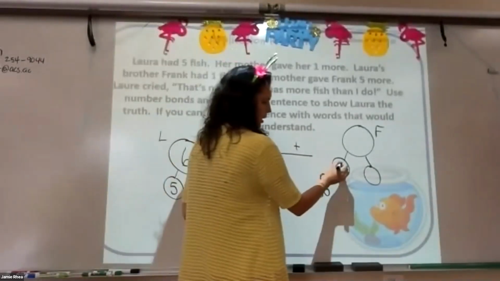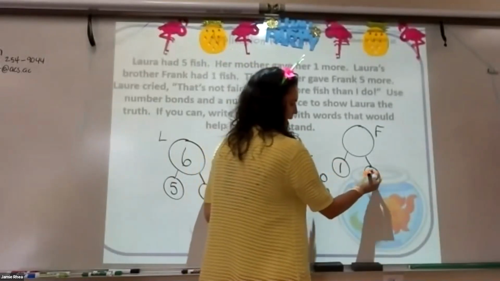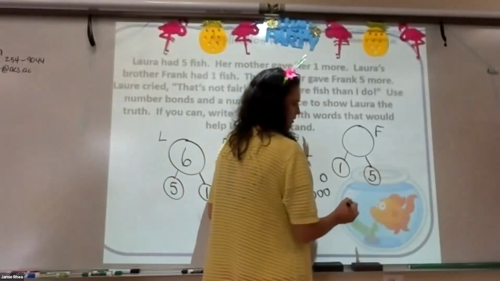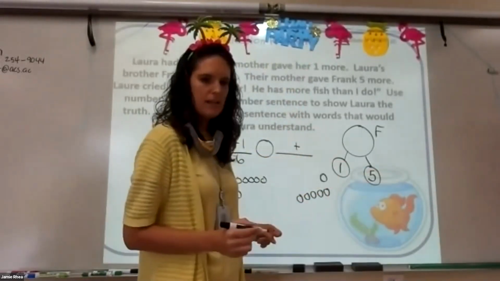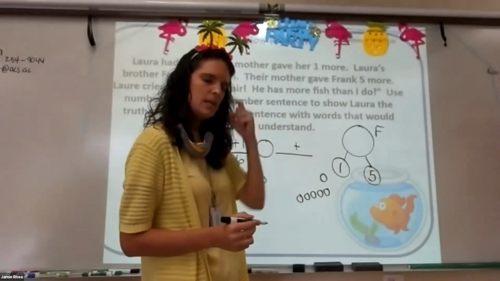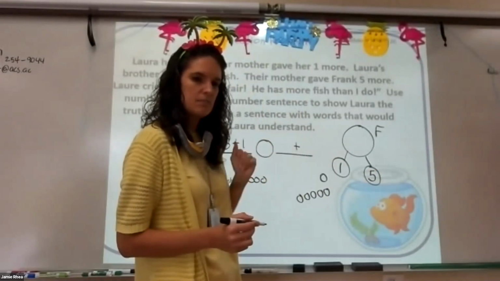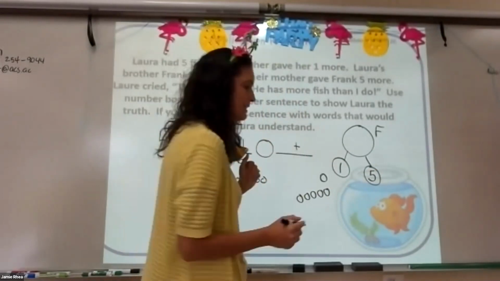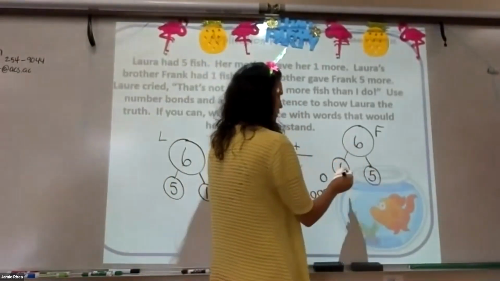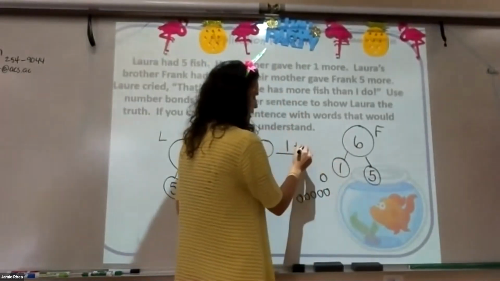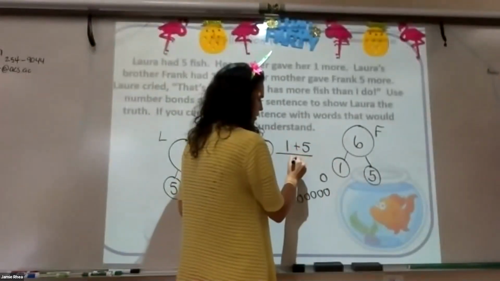Absolutely. We know he had 1 fish and his mom gave him 5. What's 1 plus 5? Let's count on 1, 2, 3, 4, 5, 6. 6 is my total. So let's fill this in. 1 that he had, 5 that she gave him, that's 6.